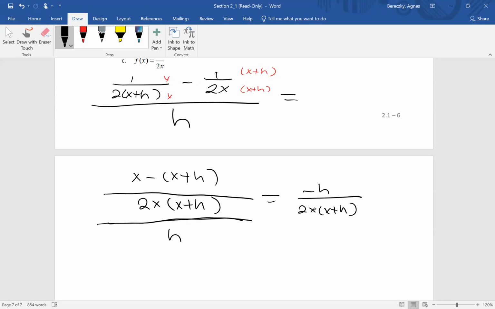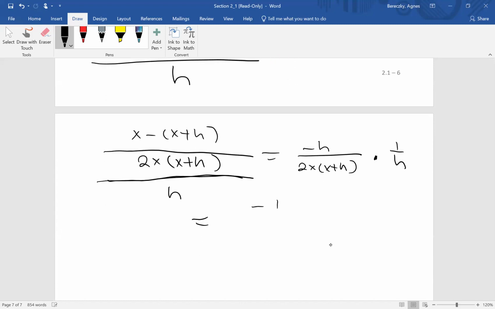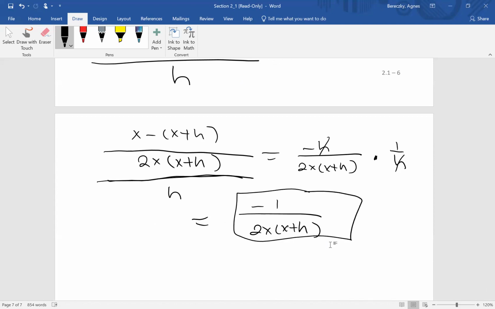This means dividing by h, which is equivalent to multiplying by the reciprocal, which is 1 over h. So therefore, our final answer will be negative 1 over 2x times x plus h. The h and the h cancel out. And this is the end of section 2.1.